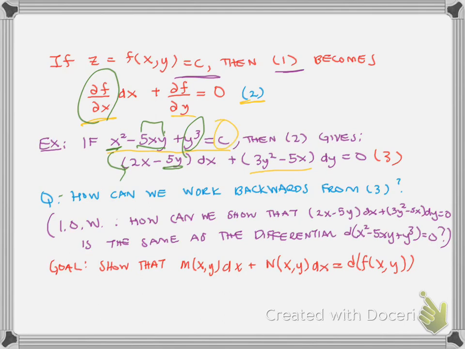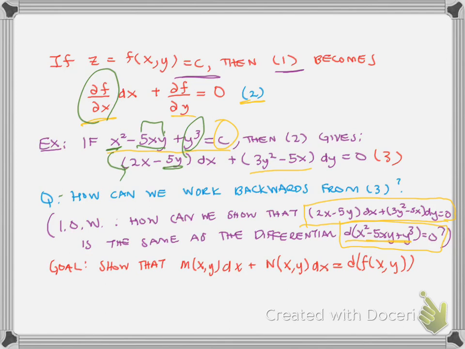Okay, so the question is, how can we work backwards? In other words, when we're given our problems, it's going to look like this. So how can we work backwards, how can we show that this equation here is really the same as this equation?